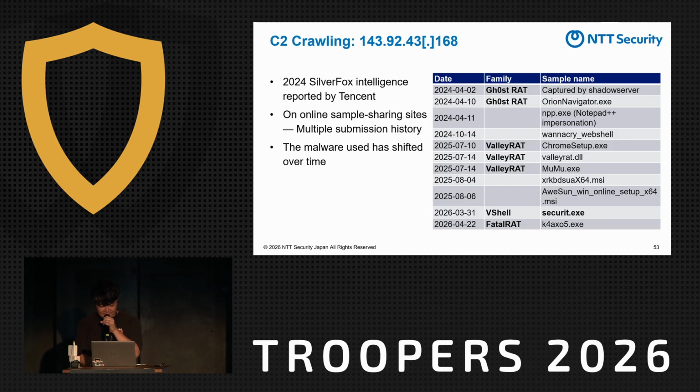In other words, this is not a short-lived setup, but rather long-term reusable attacker infrastructure. So in this server, first we can observe Ghost RAT, and then the attacker changes to Body RAT, then changes to vShell, and then changes to Fatal RAT, maybe.